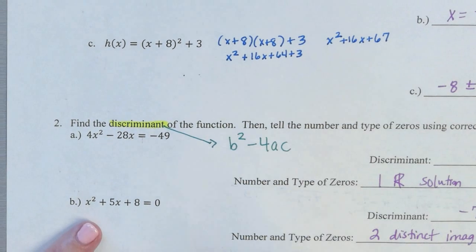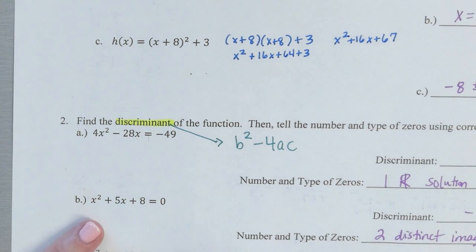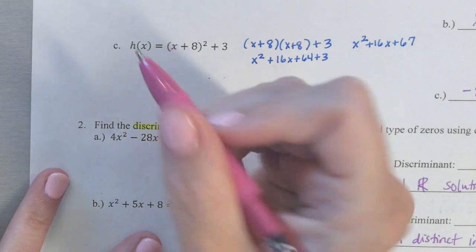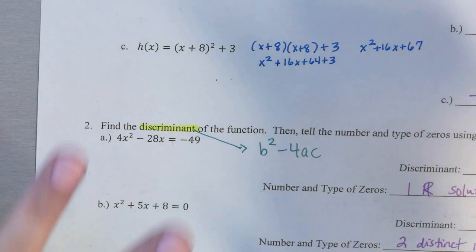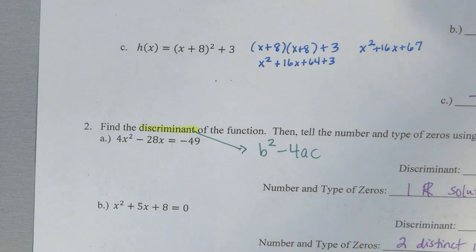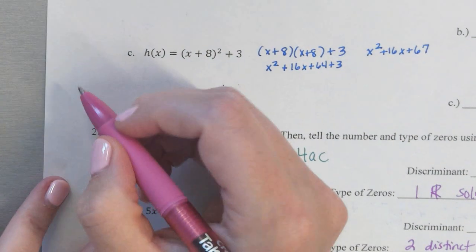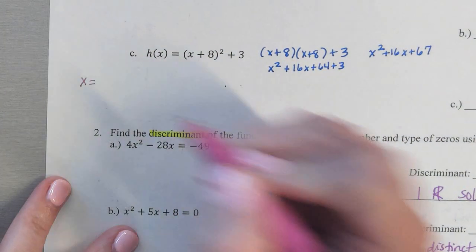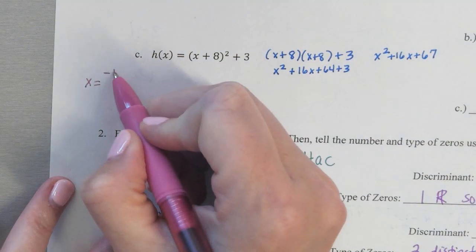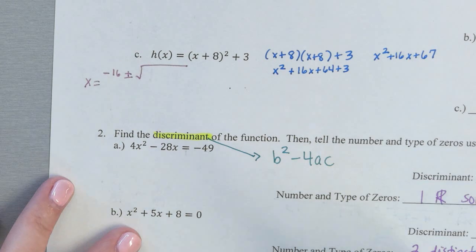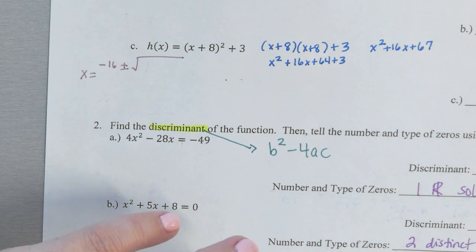Okay, this is your h of x here. Okay, so now we can do the opposite of b over 2a, or sorry, that's your vertex. Okay, so we can do x equals the opposite of b, so negative 16 plus or minus the square root of b squared. 16 squared is 256, right?